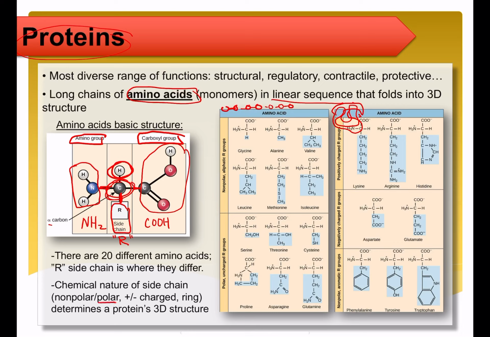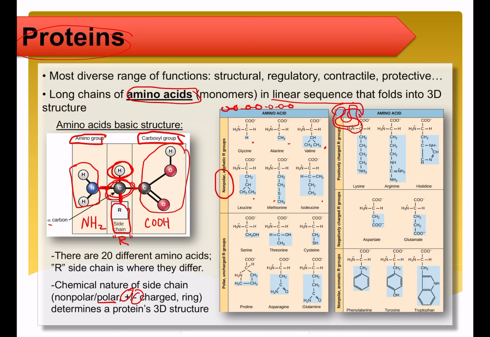So some groups are nonpolar, which is what this group is showing you here. All of these here are considered as nonpolar R groups. Okay, nonpolar R groups, and you can see there's no charge on them, and they're usually made up of just carbons and hydrogens, and with here in this particular one with a sulfur group. There can be charge groups where it is positive charge or negative charge.